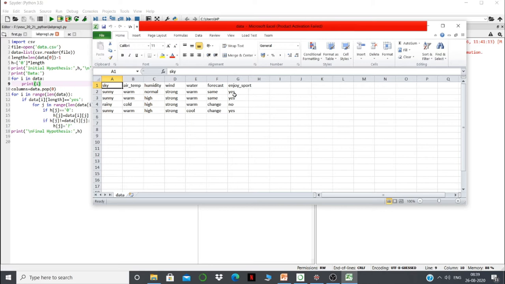Yes represents 1 or positive, no represents negative or 0. So the classification of the instances, or training examples, is going to be done by the Find-S algorithm. This is the picture of the data set, which we are going to access by writing the instruction import csv.